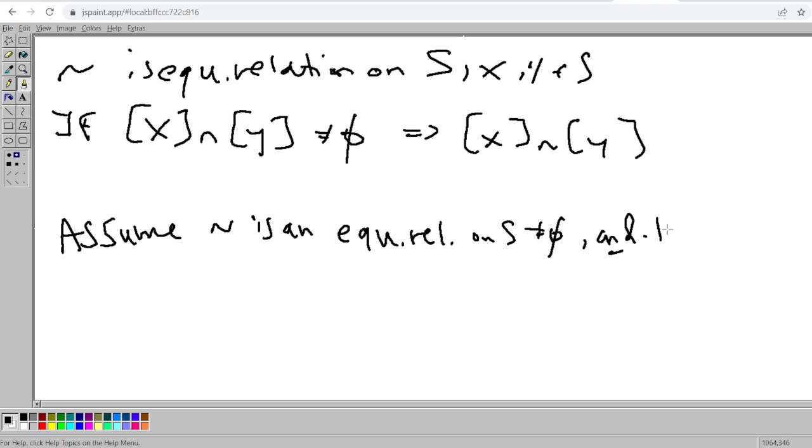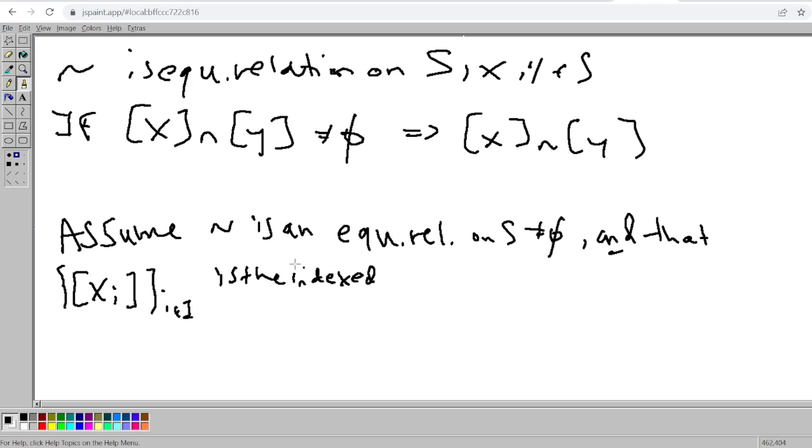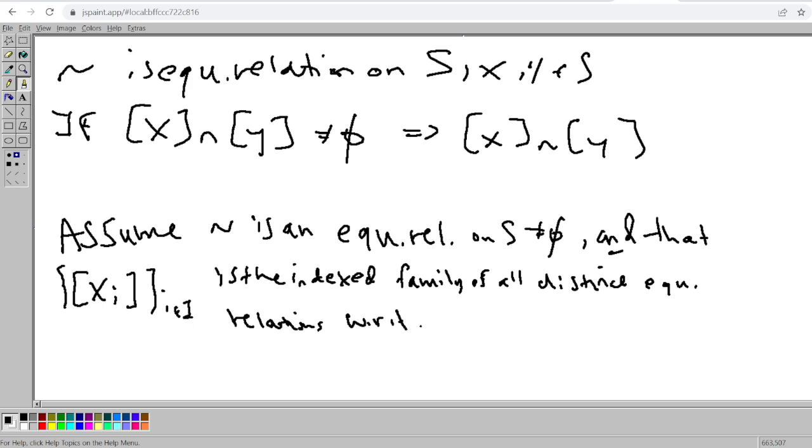And that we have an indexed family of sets X_i, i in I, and I is the indexed family of all distinct equivalence classes with respect to tilde.